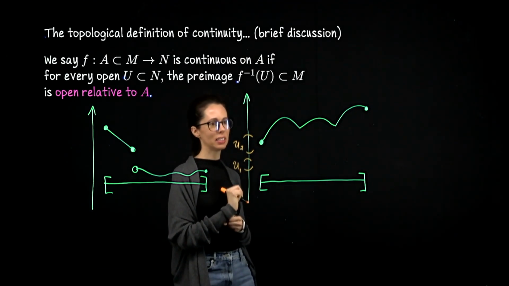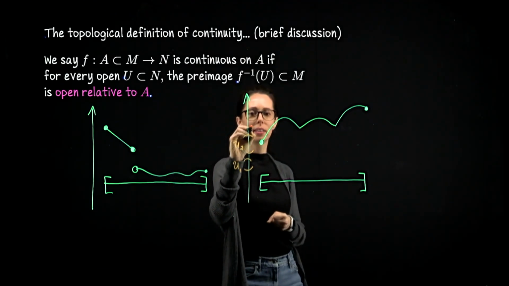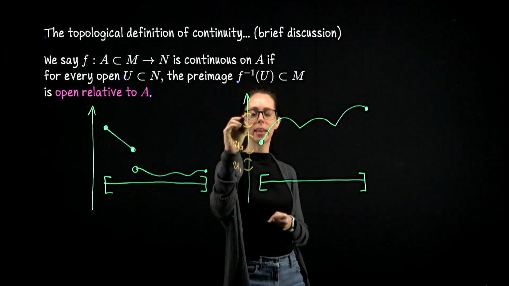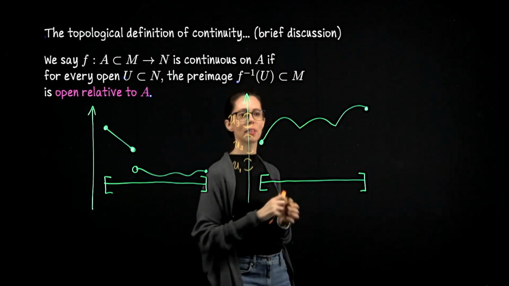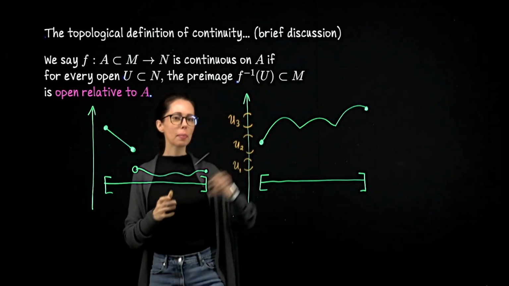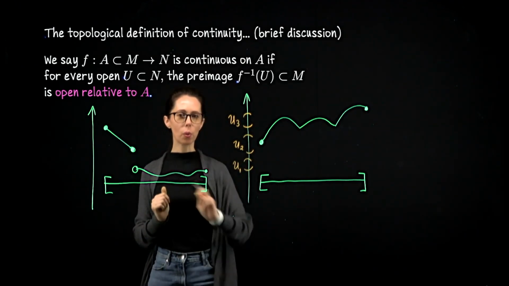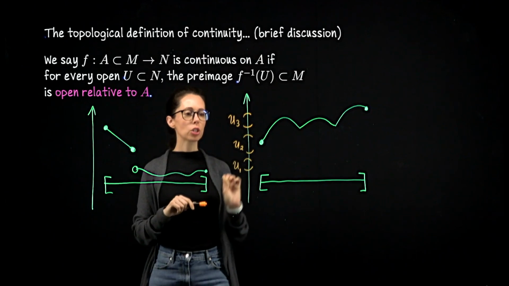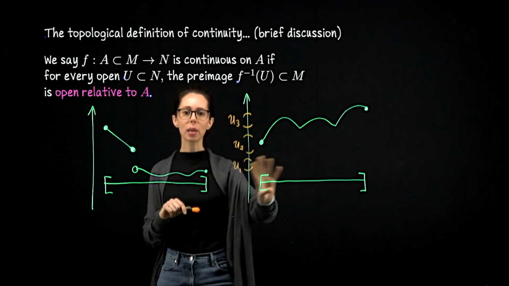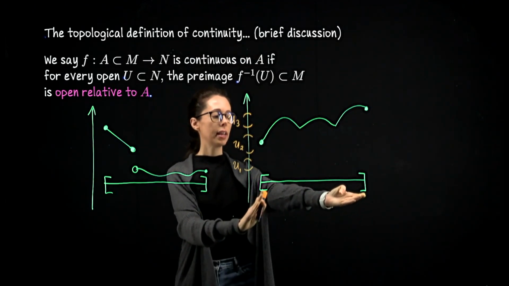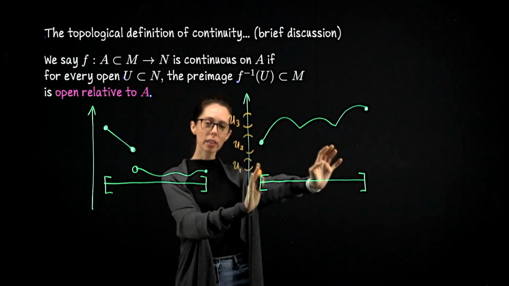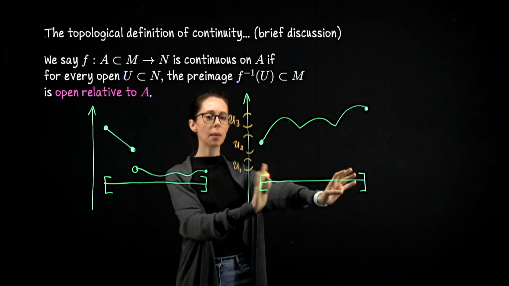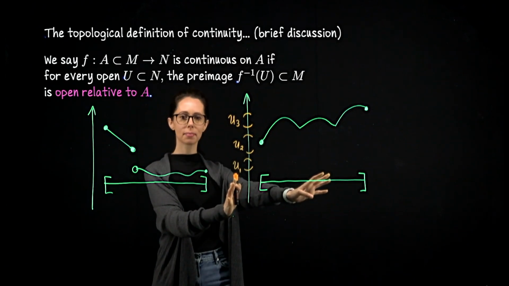And then let's do U3 like this. U3 might be a bit complicated, but especially focus on U1 and U2. Take a moment to visualize their preimages here in the domain, and keep in mind that the domain is really like the entire metric space. So this is not a subset of anything, not a proper subset.